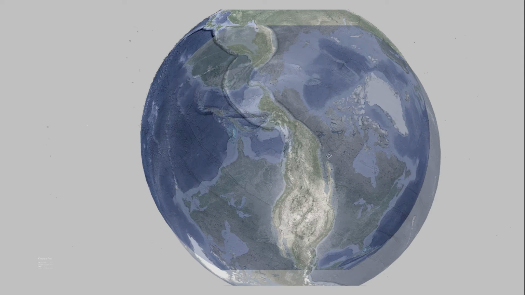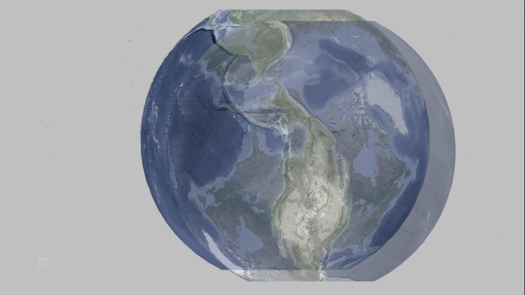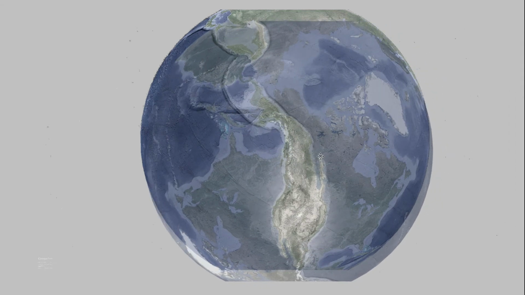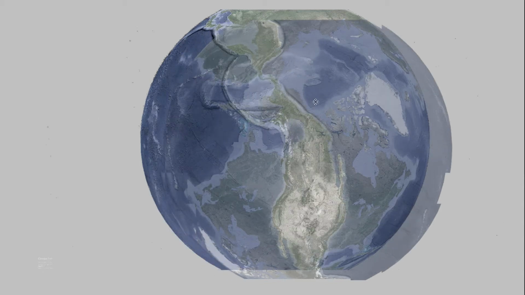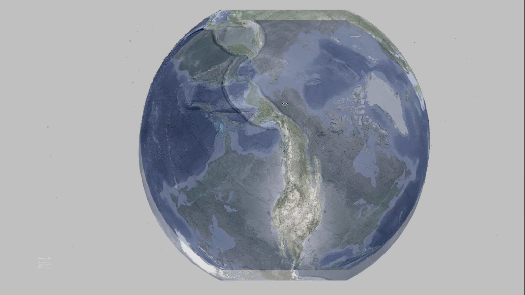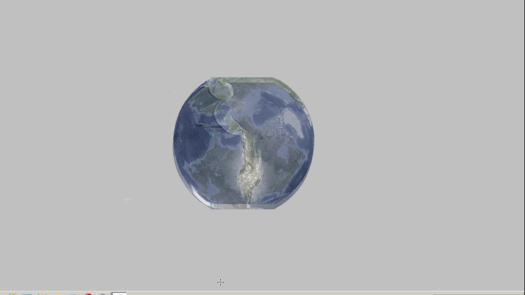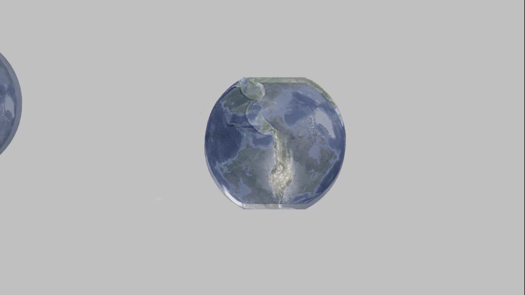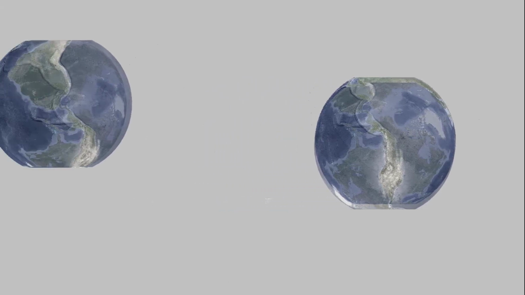So when I reline this back up, you can see that it lines up all the way over here, but when you see South America down there, and remember these are two different images put together. Well, what happens if I take both of these and rotate them towards the center like that?